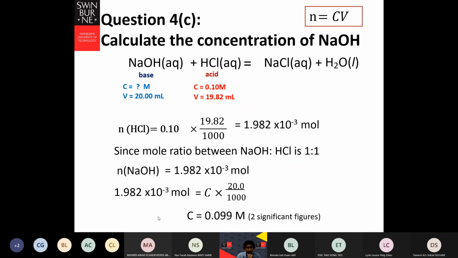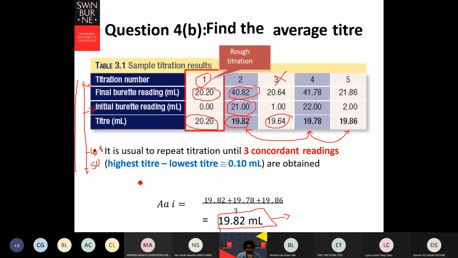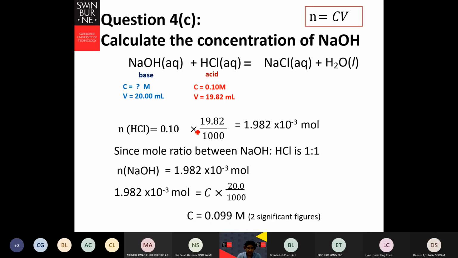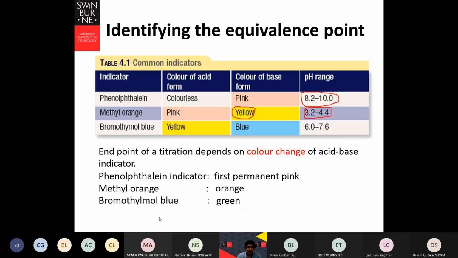Now we know the acid volume, 19.82 milliliter, and the concentration we already know. And 20 milliliter in the pipette and the conical flask we started with, right?